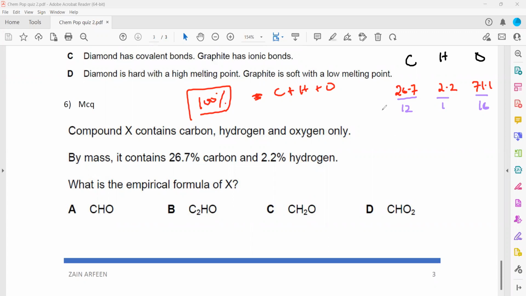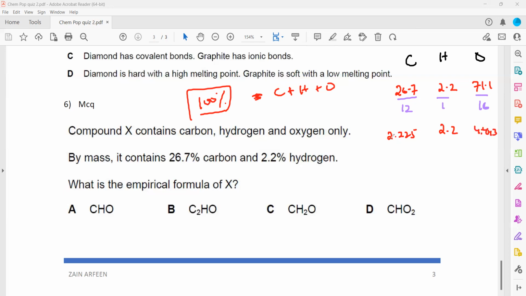Okay. So this will be 2.225. This will be 2.2. This will be 71.1 divided by 16. What's the answer? 4.443. So this will be 4.443.